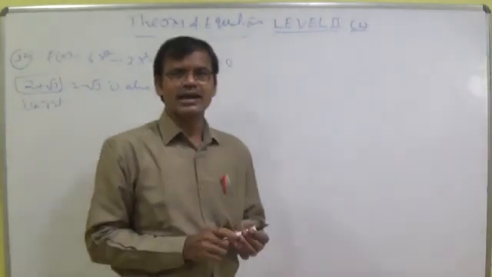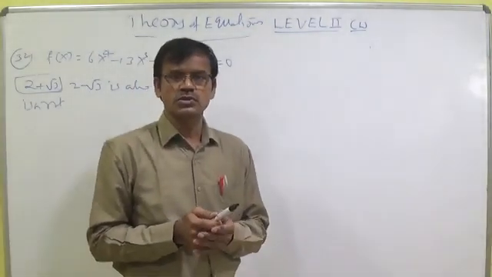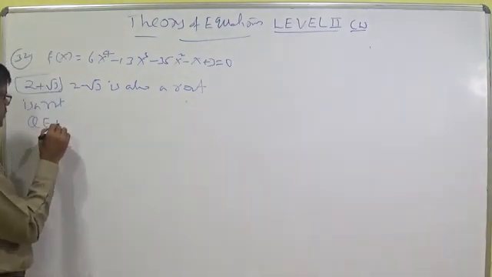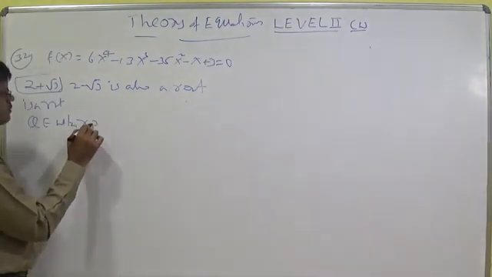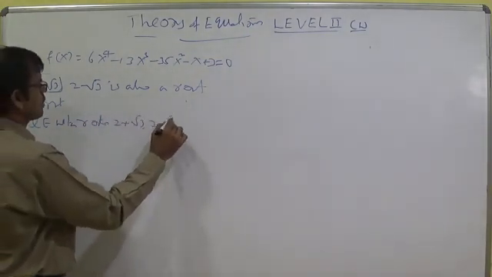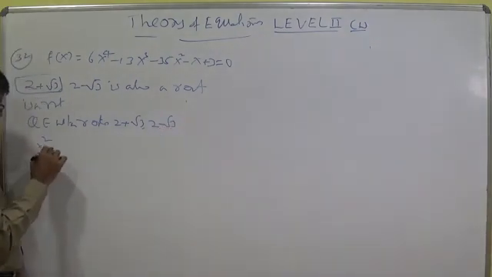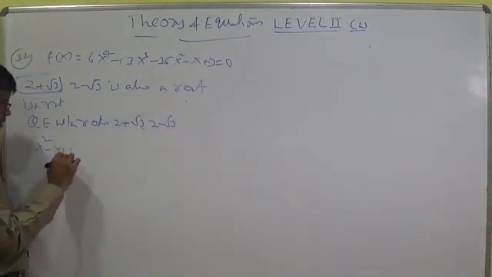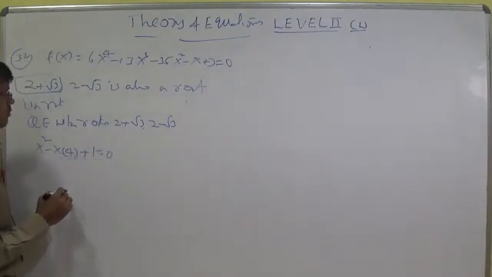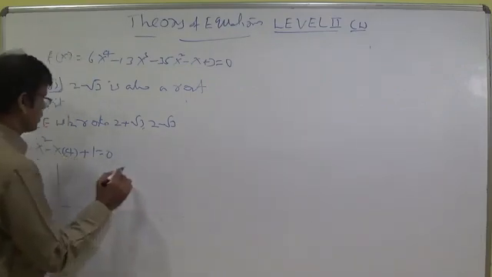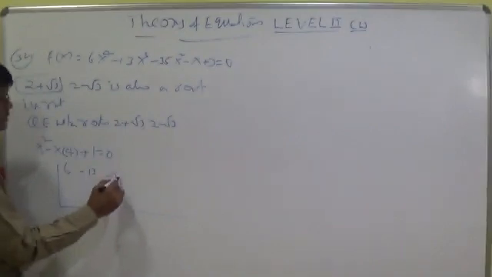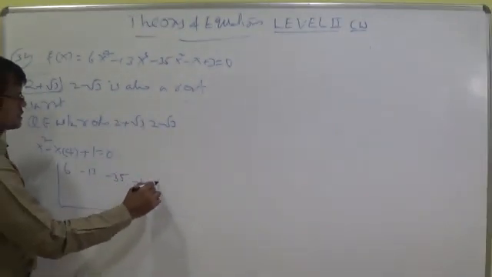Then we can create the quadratic equation with the roots 2 plus root 3 and 2 minus root 3. The quadratic equation is x square minus x into (alpha plus beta), so it is 4, plus alpha beta, 4 minus 3, it is 1. By Horner synthetic division method you can write here 6, minus 13, minus 35, minus 1, 3.